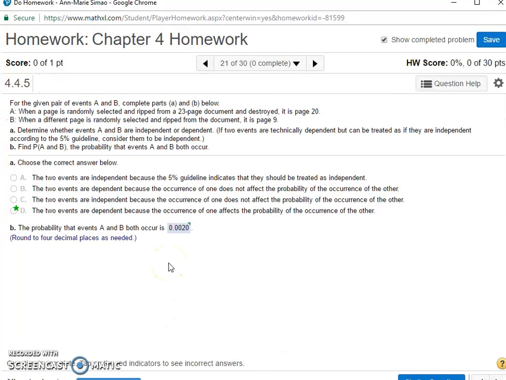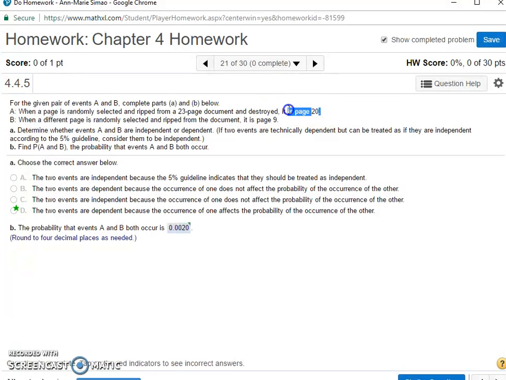All right, so for a problem like this, for a given pair of events A and B, complete parts A and B below. When a page is randomly selected and ripped from a 23-page document and destroyed, it is page 20. So 1 out of the 23 pages was destroyed. When a different page is randomly selected and ripped from the document, it is page 9. So now another page is ripped out.